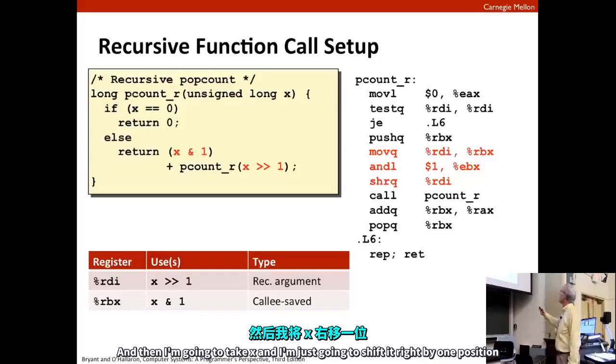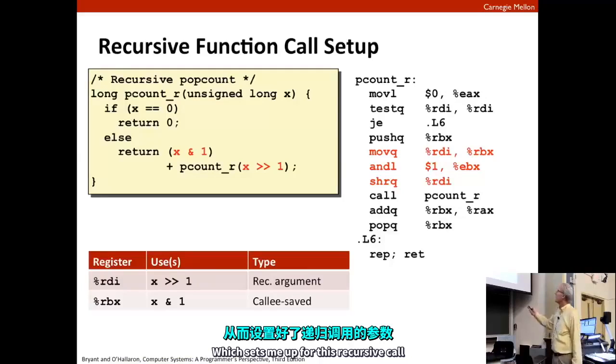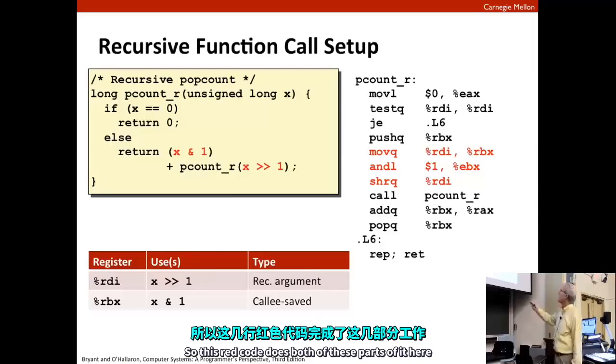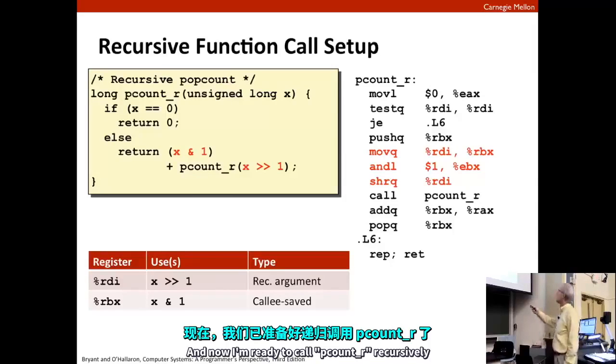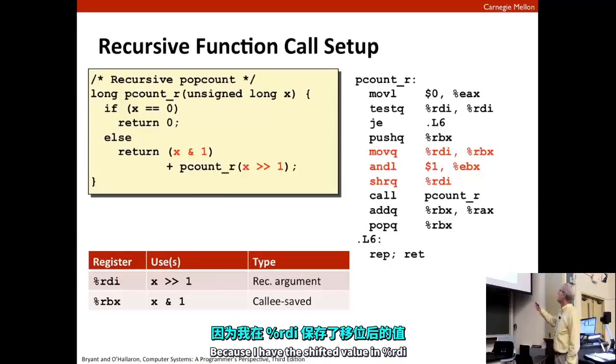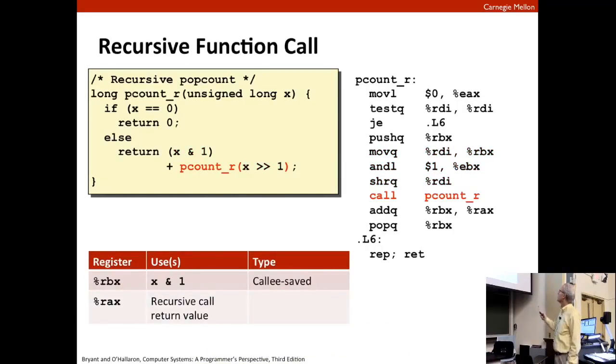And then I'm going to take x, and I'm just going to shift it right by 1 position, which sets me up for this recursive call. So this red code does both of these parts of it here. And now I'm ready to call pcount recursively because I have the shifted value in RDI.